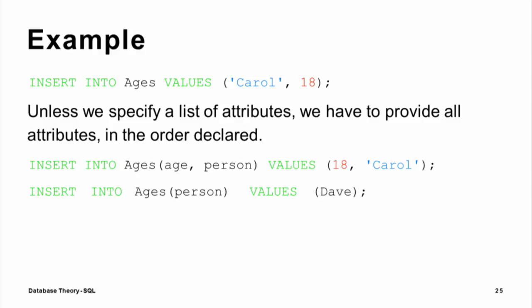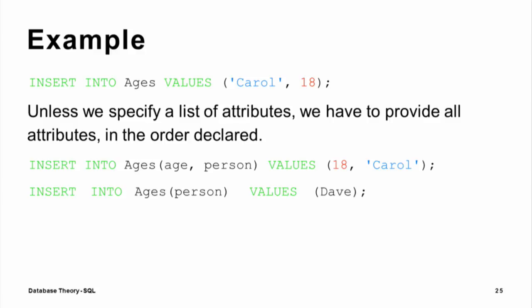If you want to, you can use the second example here, where you are actually naming the attributes. You are naming age and person, where you're adding the values 18 and Carol. And if you look at it, it is the other way around. It's the opposite order of attributes as we were creating the columns for that ages table.